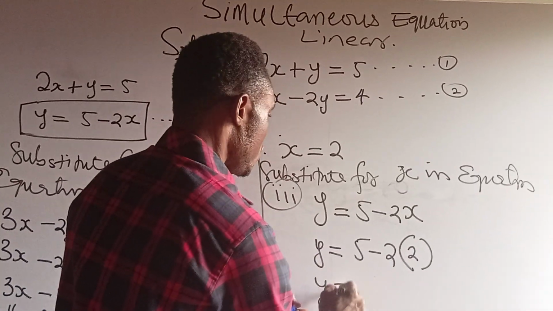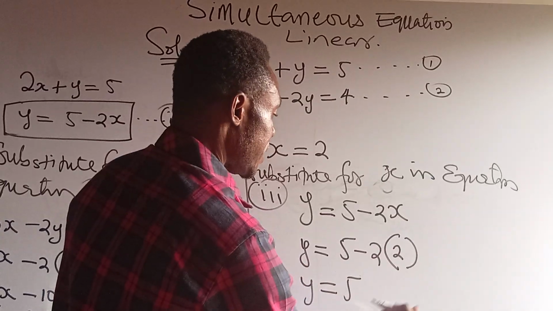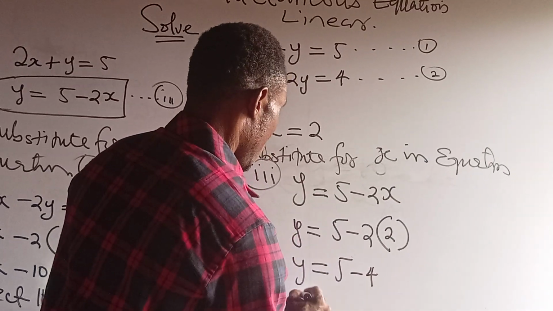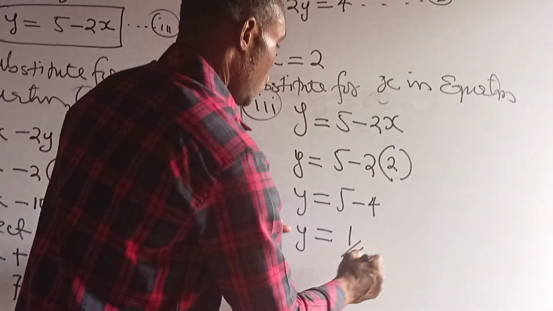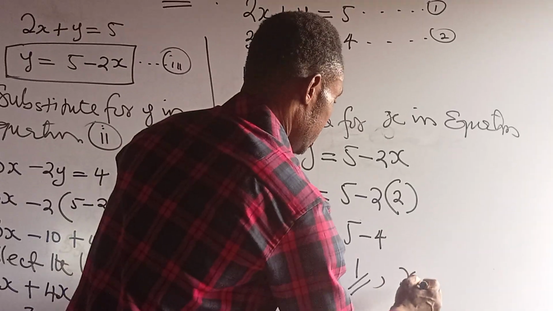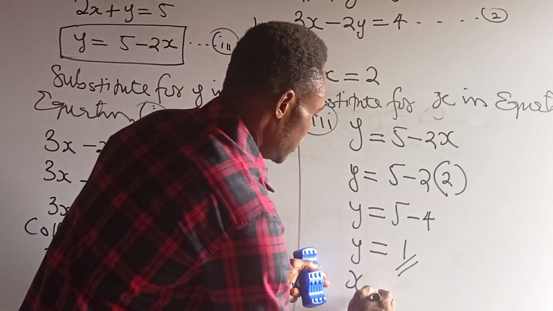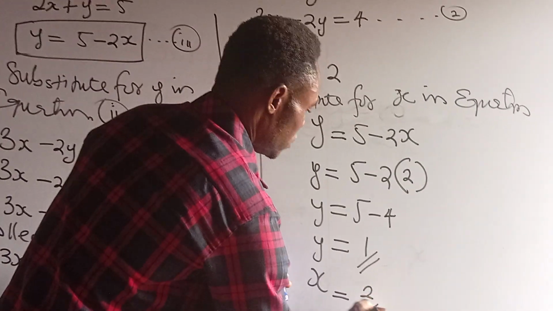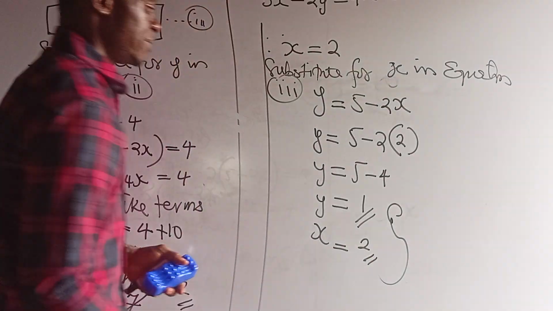Therefore, y equal to 5 minus 2 times 2. Open the bracket, it becomes minus 4. So y is equal to 5 minus 4, which will give you 1. And x is equal to 2. That is the answer for the whole thing.